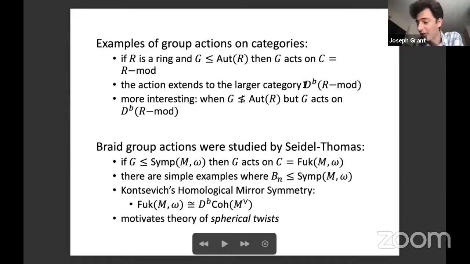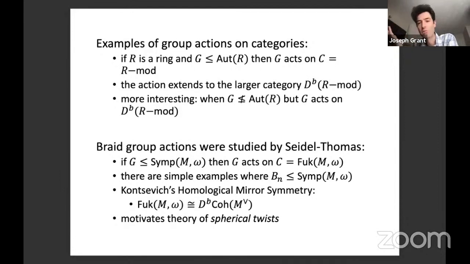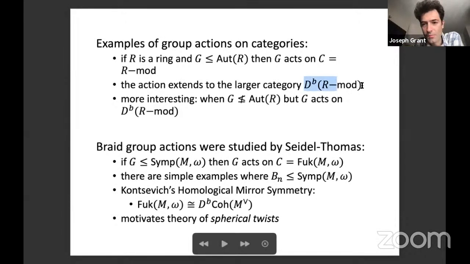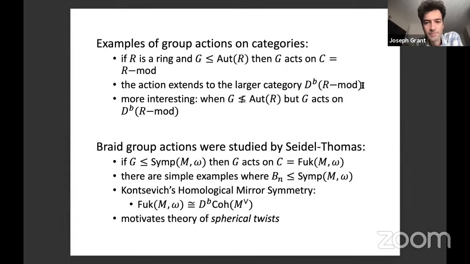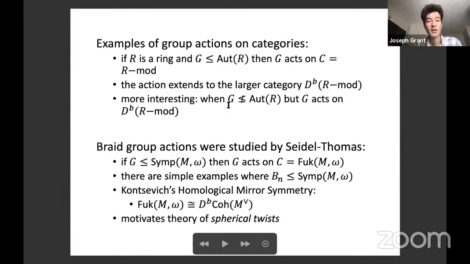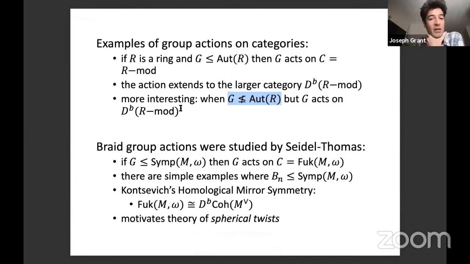We start from a category of chain complexes, which are the algebra of algebraic topology, and we build up lots of modules to give this new category called the derived category. One of the reasons this is interesting is because it can have more symmetry than our original category. So there are situations where we have a group which does not act as symmetries of the ring itself, but it does act as symmetries of the derived category of the ring.